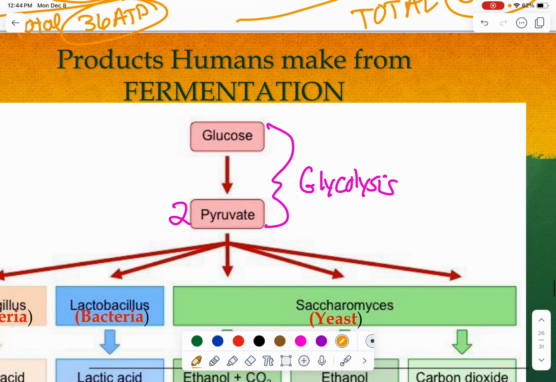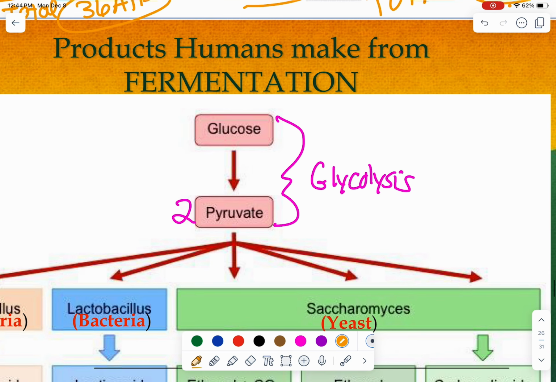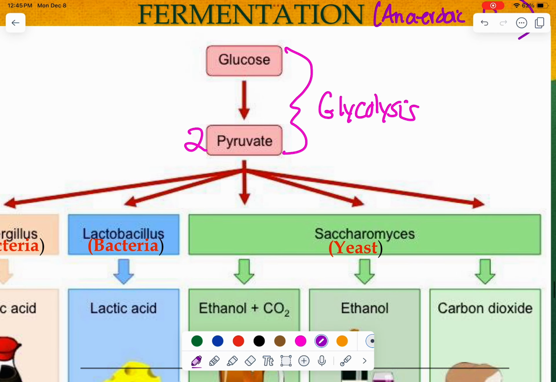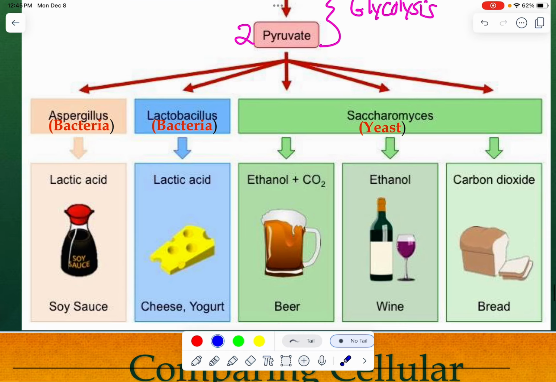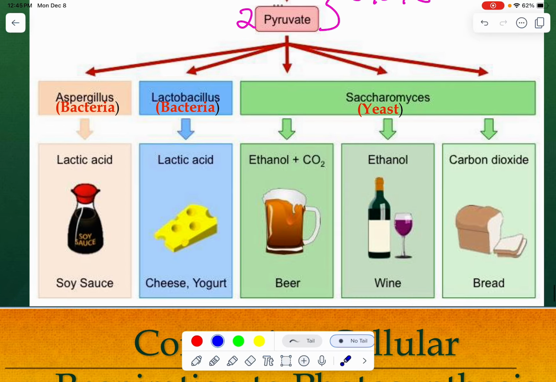So this is just a picture talking about fermentation. Fermentation and anaerobic, we kind of refer to them synonymously. So it's showing you again, you start out with 1 glucose, make that into 2 pyruvates, which is glycolysis, and then these are the 2 different fermentations.